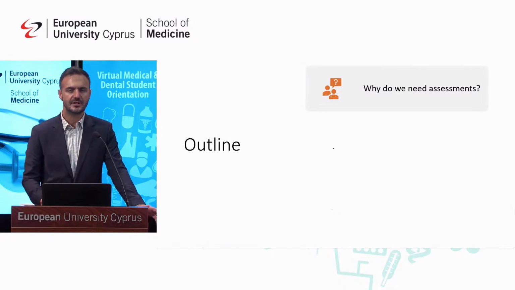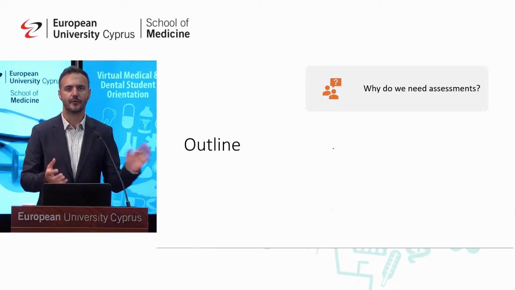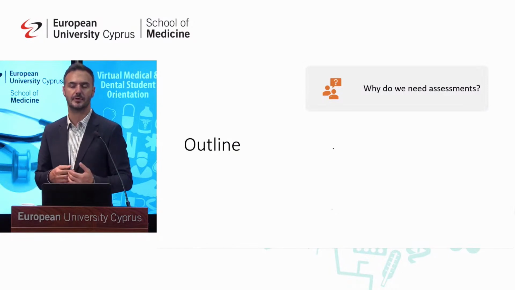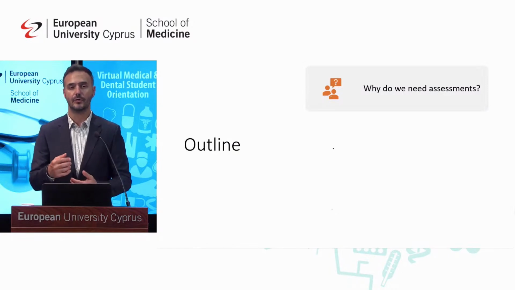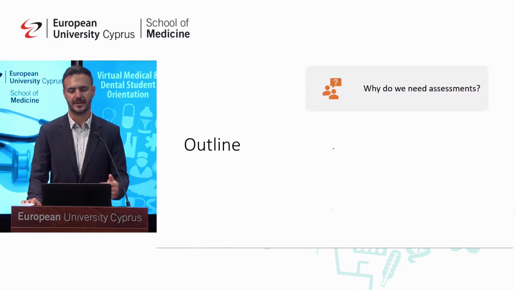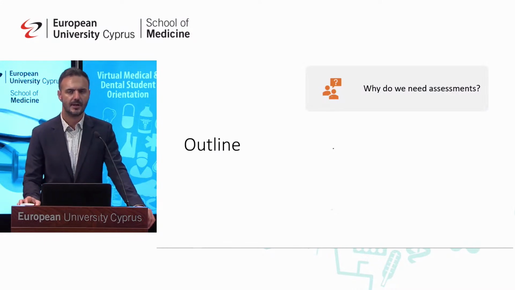Now, before we proceed, a common question that we get from all our students is, how is my grade calculated? What is the mathematical formula? How do you come up with my grade? How do you know if I'm good enough to pass the course or not good enough and I should repeat it? As I told you in the previous lectures, we have for each course a course outline.